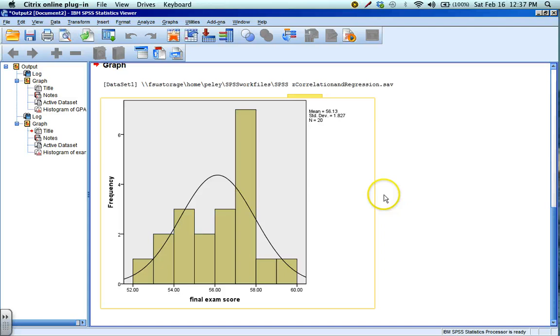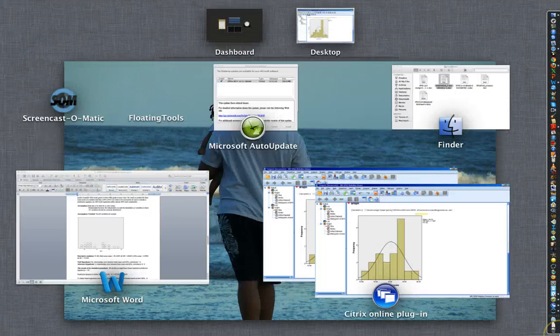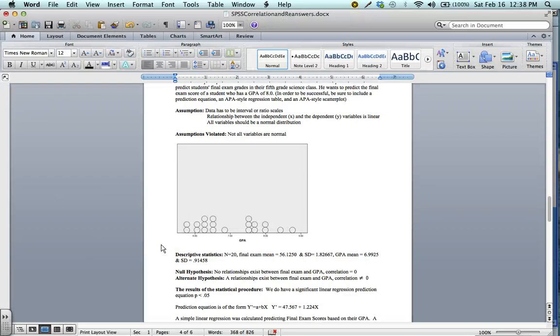As I look at the final exam score here, that looks pretty normal too, I would think. So it looks like we don't really have any violations here, from what I can tell. Everything looks pretty normal there.